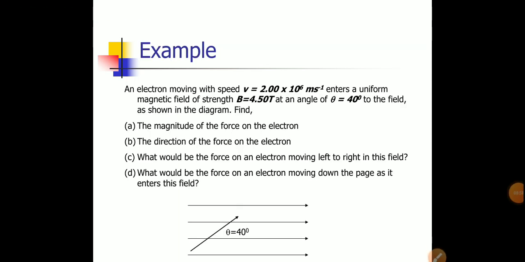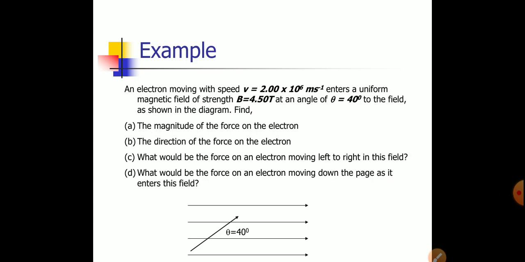The example of a force on a moving charge: an electron moving with speed v equal to 2.00 into 10 to the power 6 meters per second enters a uniform magnetic field of strength B equal to 4.50 T at an angle of theta equal to 40 degrees to the field, as shown in the diagram.